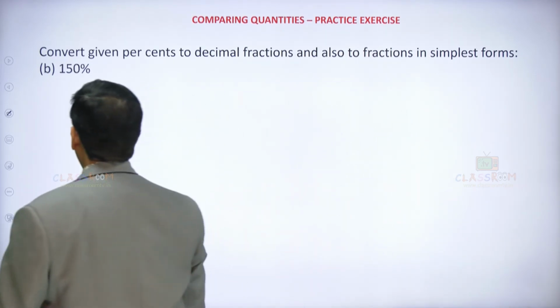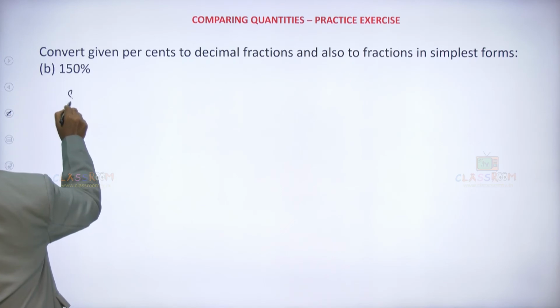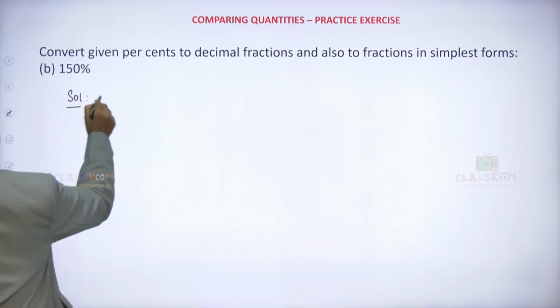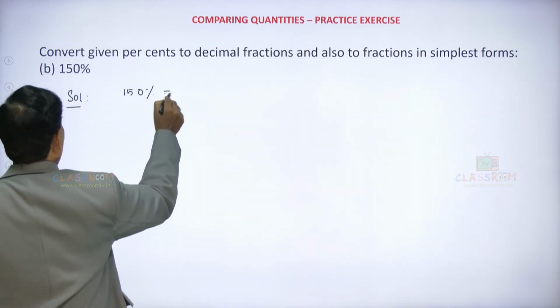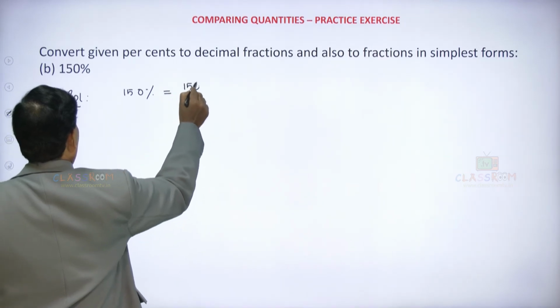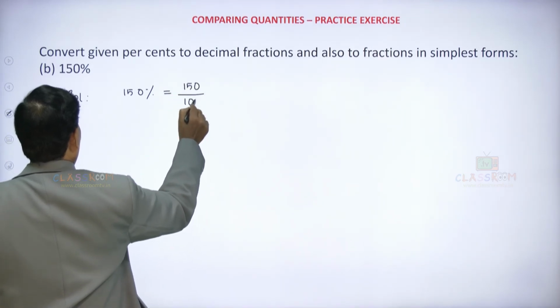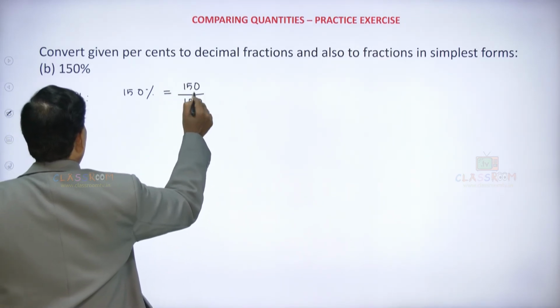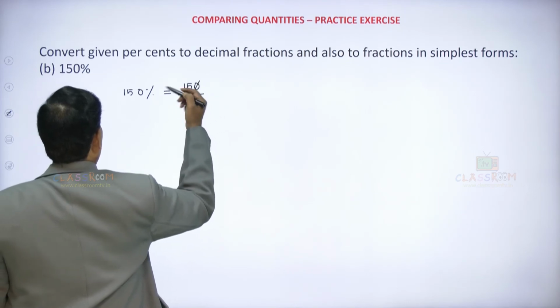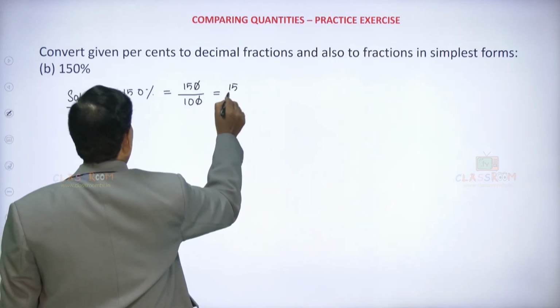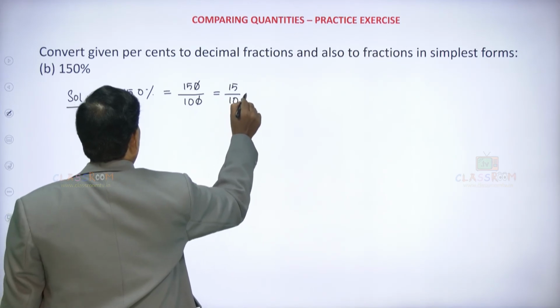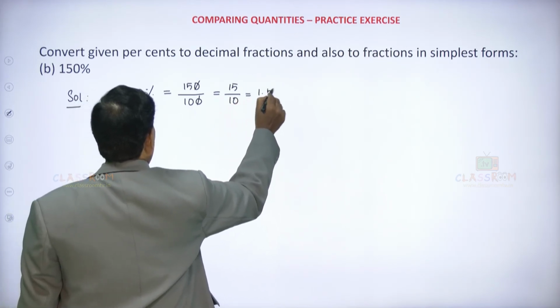Now, 150%. So what we will do, this 150% can be written as 150 upon 100, so just ignore 0 and 0. 15 by 10, which we can write as 1.5.